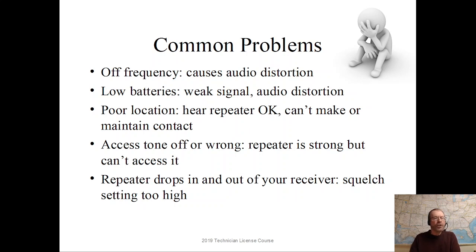Poor location: maybe you're down in the basement and you're not maintaining a good contact, or you're behind a hill or something like that, at a low location, and you're not making good contact with the repeater. You might have the access tone that we talked about, or the digital code squelch, off or set wrong. That means the repeater might be coming in really well and you hear it, but you just can't seem to transmit on it. That's probably what's wrong.